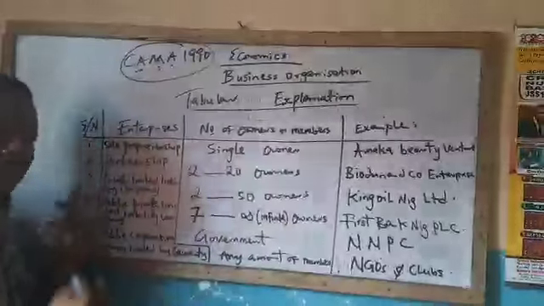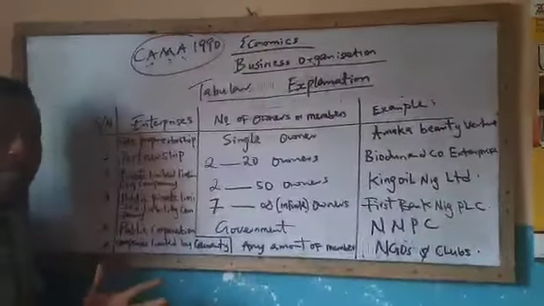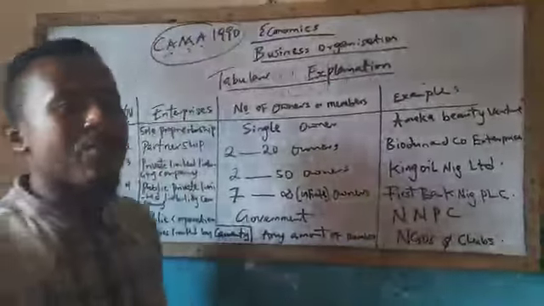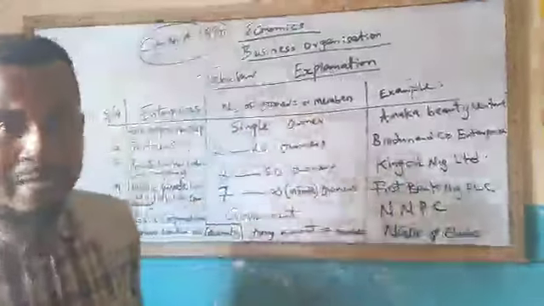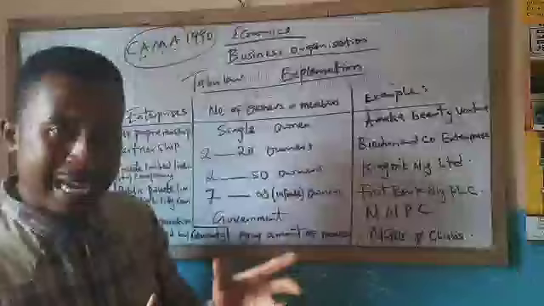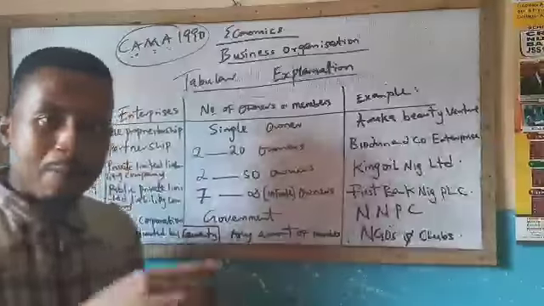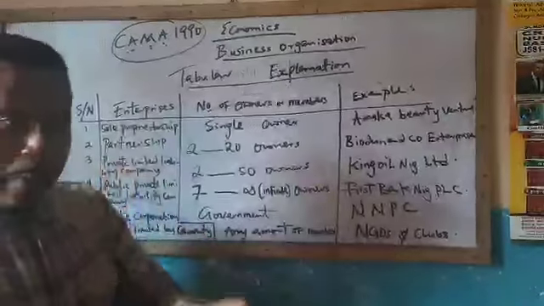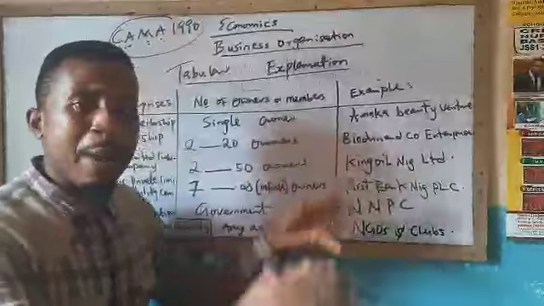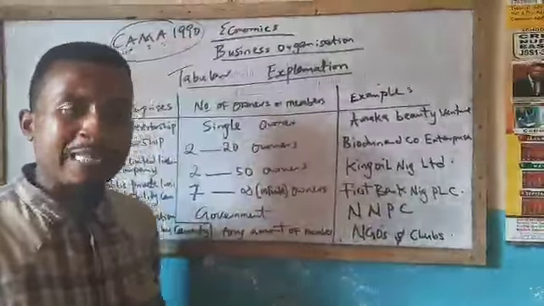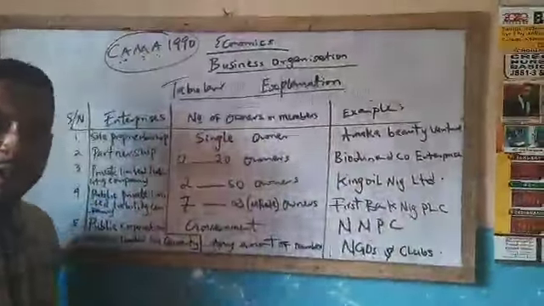The next one, we have now gradually entered into company. If you remember, in the last class I gave you various types of company. I separated sole proprietorship from company. Sole proprietorship and partnership are under business ventures, while companies are under the corporate world.